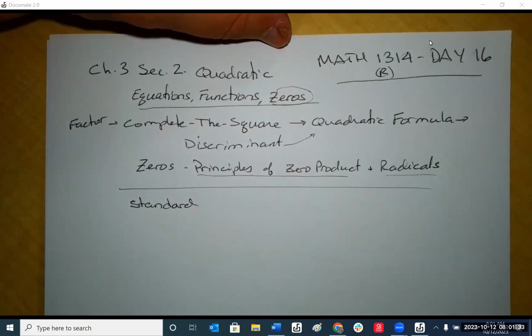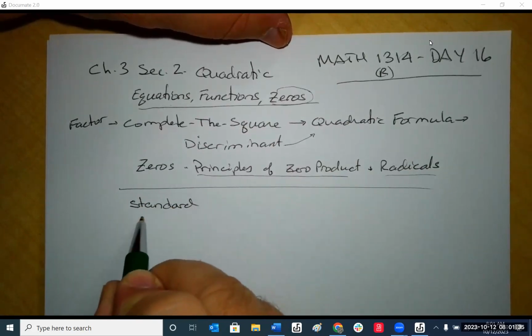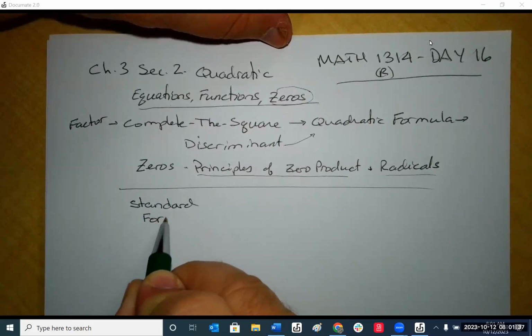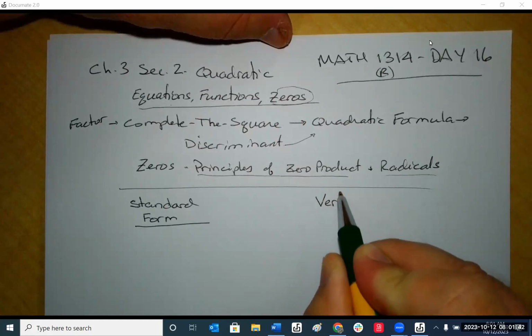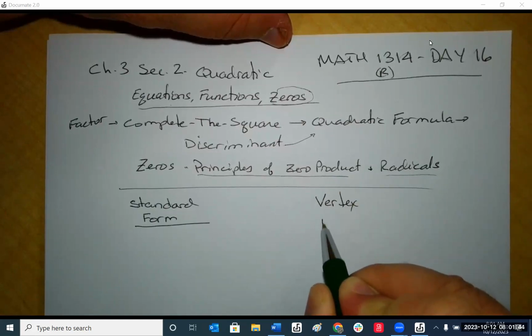As we talked about last time, there are two forms in which quadratic equations can be given to us. The standard form, and the other method is called the vertex form.